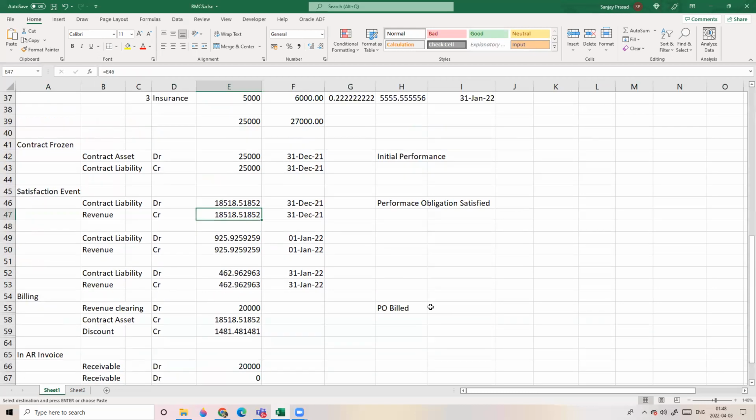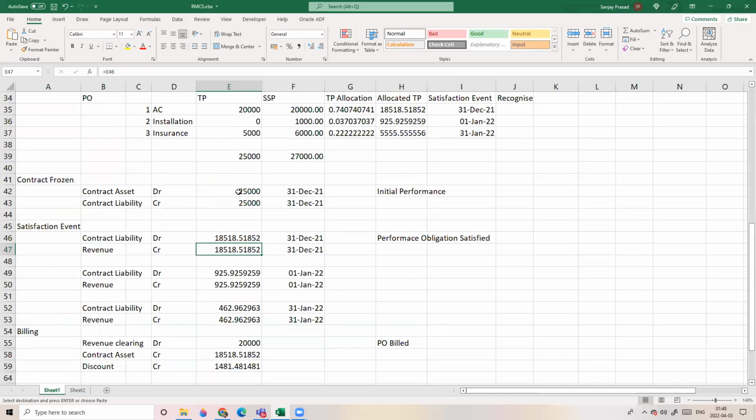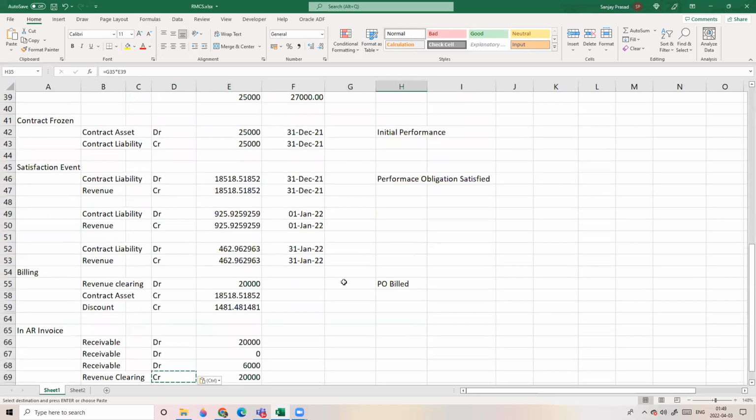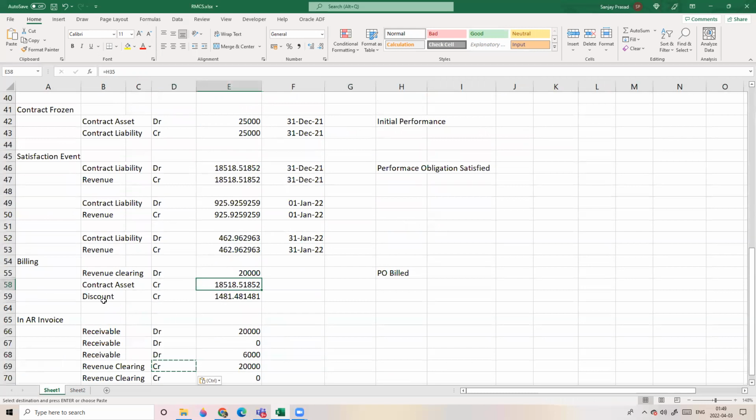And if you see my contract asset, which was 25,000, if we total this allocated, it also becomes 25,000 because we allocated this according to the TP allocation. So the contract asset will be credited by the allocated amount. The balance will go to discount. This 20,000 minus this will be discount.